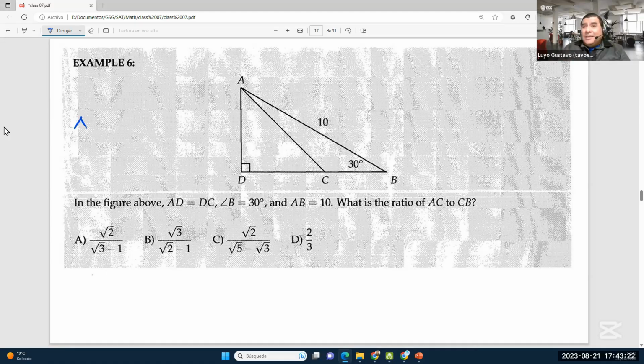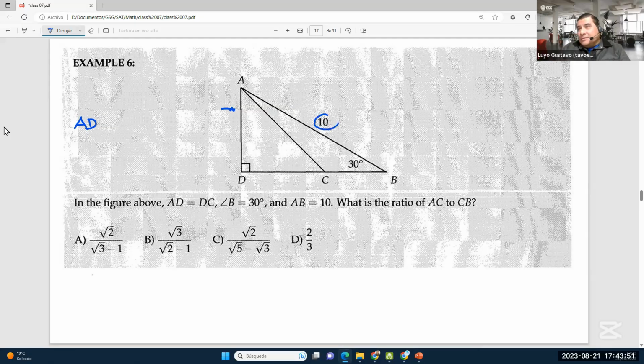So AD means this segment here, right? But at the same time, this notation can not only refer to the segment itself, but also to the length of this segment. So saying, for example, AD equals X, that means that X is the length of the segment AD. Okay, so we are saying that AB equals 10.